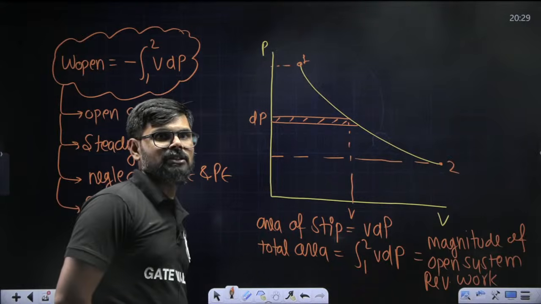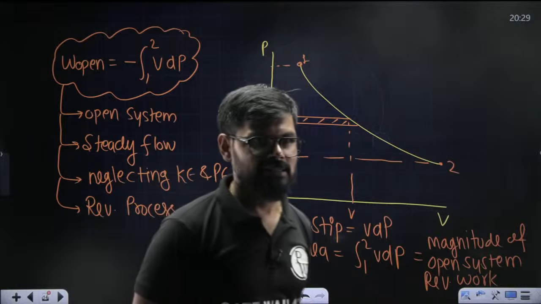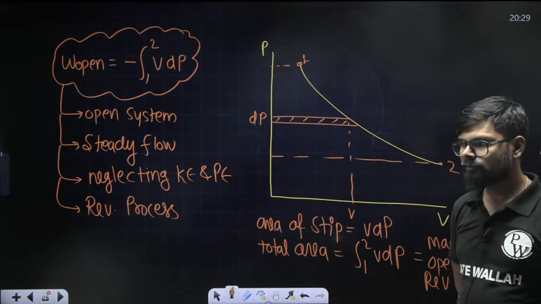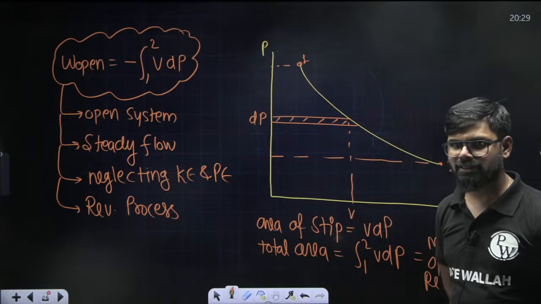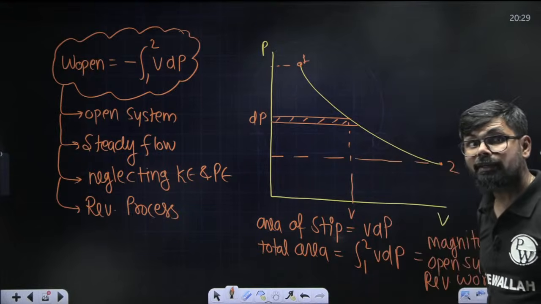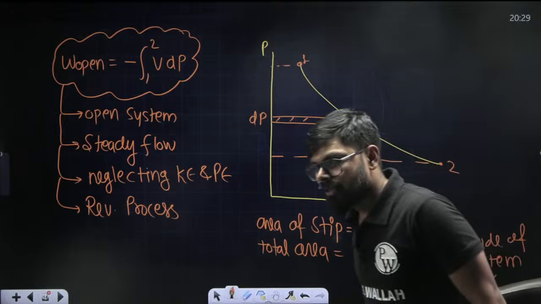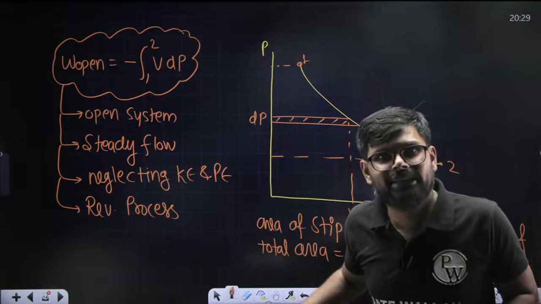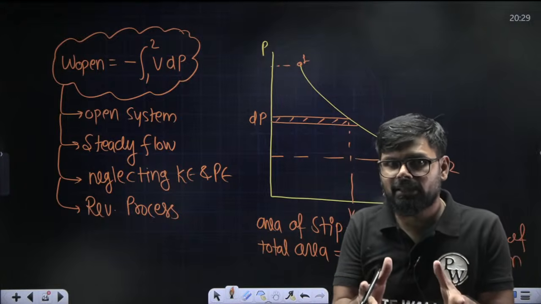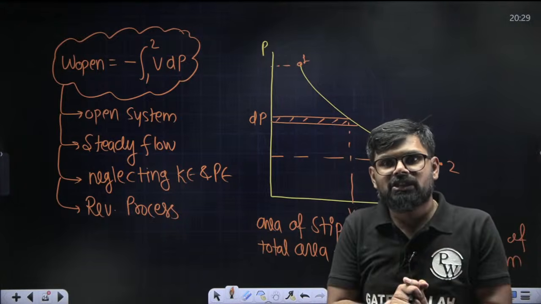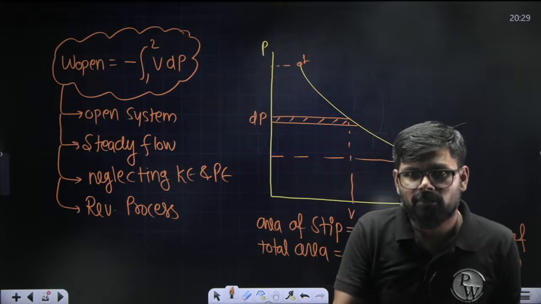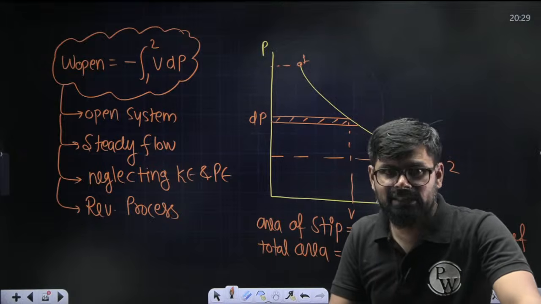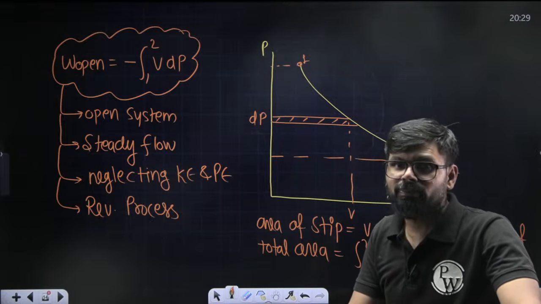Sir, is the heat exchanger made at constant pressure? Yes, heat exchanger is a constant pressure device. See, we are talking about the reversible case here. If any heat exchanger is reversible, meaning frictionless, then it will be at constant pressure.